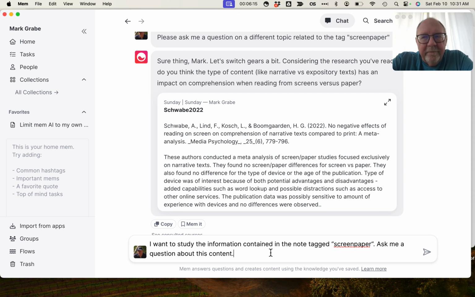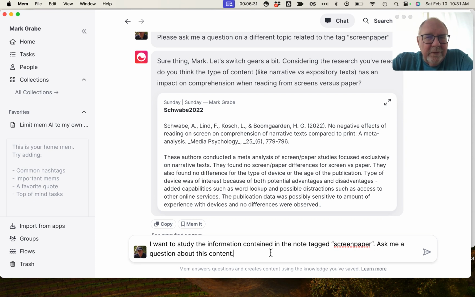It's, are you better off reading for comprehension content presented on a screen or in a book? That's one version of it, and clearly that's important for educators and students.